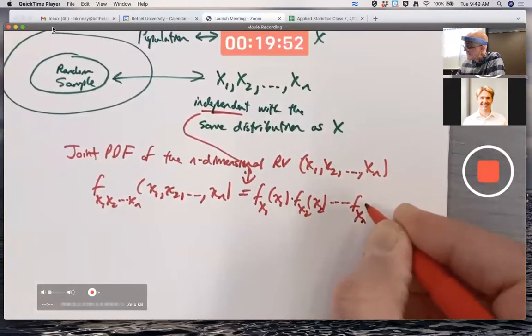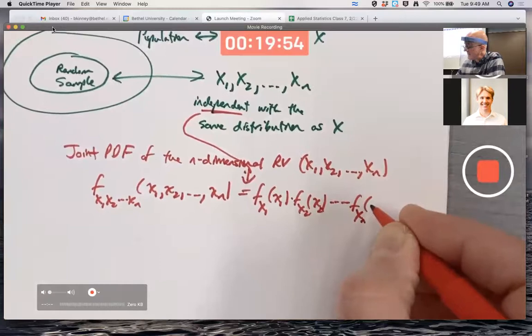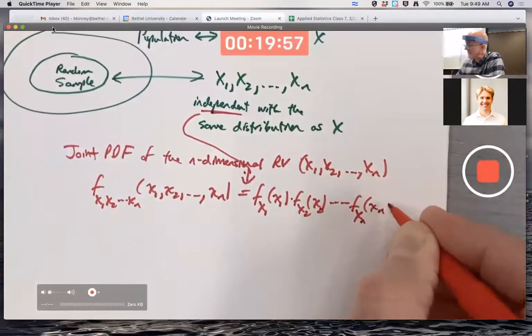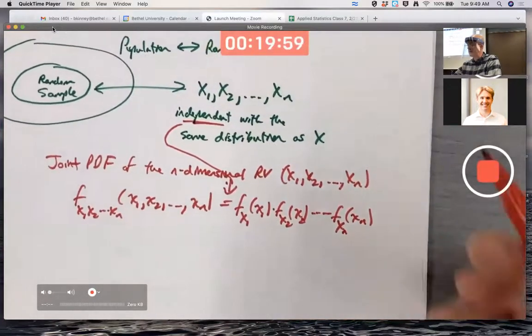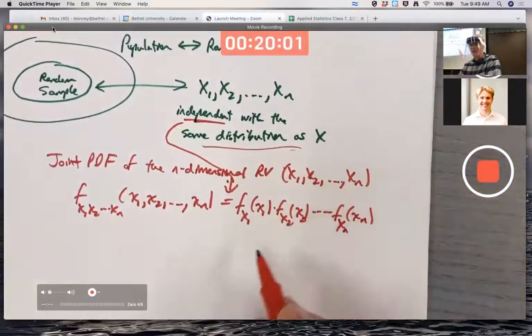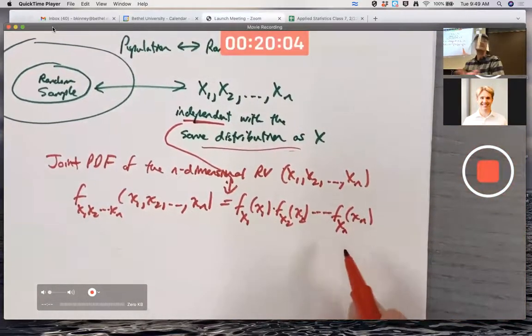And since these random variables, capital X1 through capital Xn, all have the same distribution as X, all these little f's over here are actually the same function.